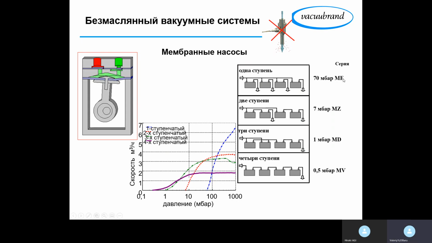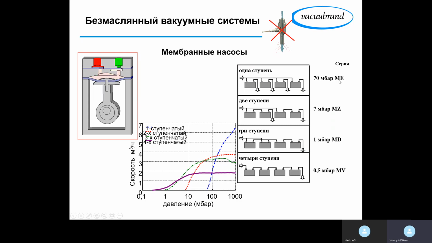In terms of the names, it is a pretty common thing for Welch and for Vacuubrand, so once you understand it, you can easily determine what kind of pump we're talking about. For Vacuubrand, M stands for membrane, E stands for ein, which in German means one. Zwei, drei, and vier stand for the number of stages.